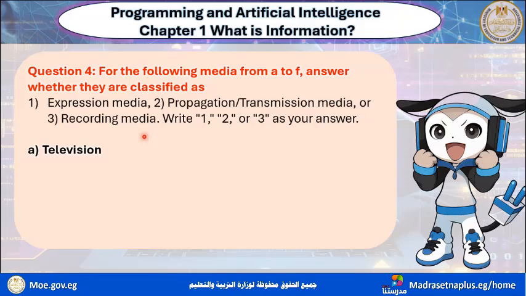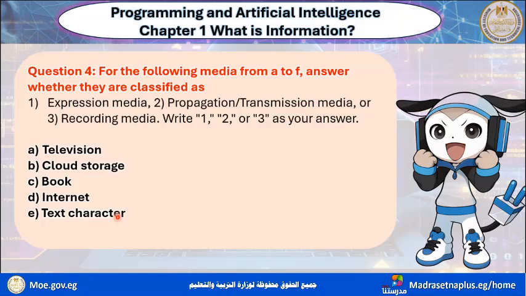Television is a type of, cloud storage is a type of, can you guess? Book is a type of, and the internet. Can you guess the type from these three? Text character. And finally, we have book.